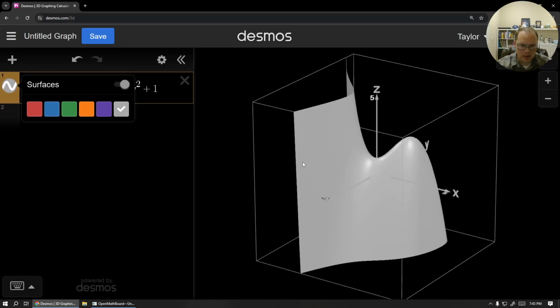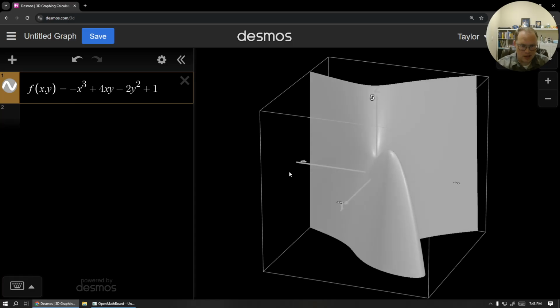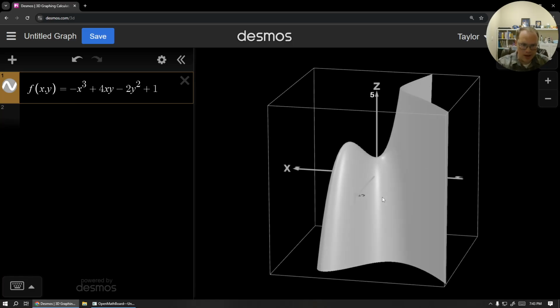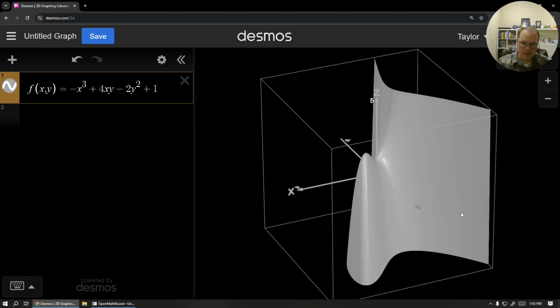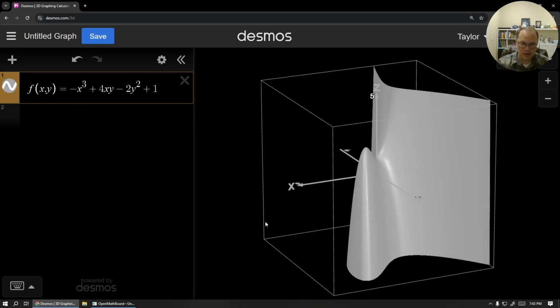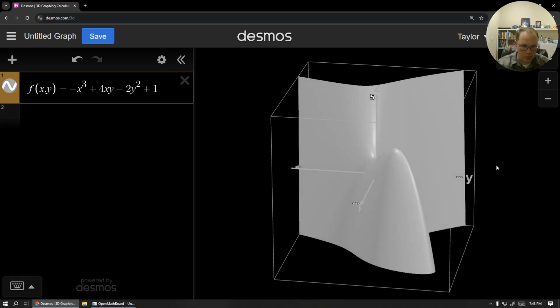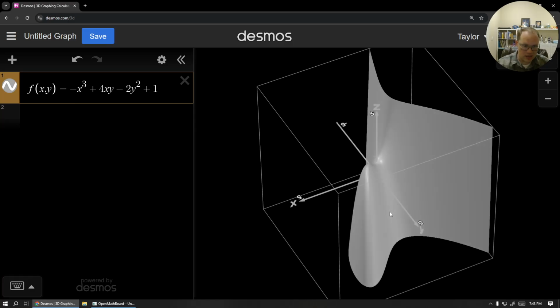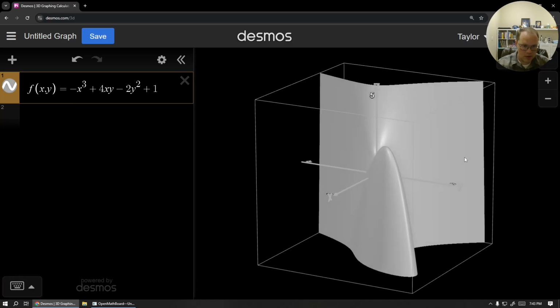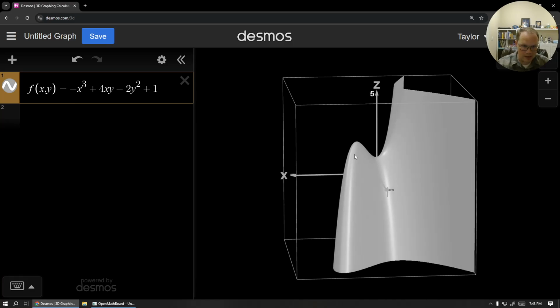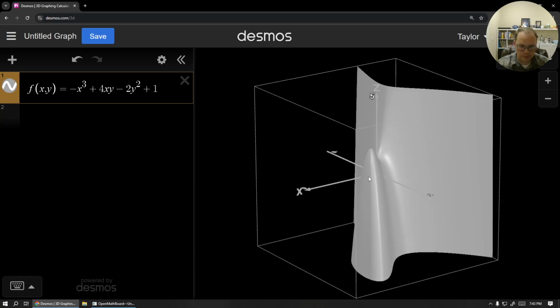Let's see what we got so far. Right away, it looks like we have the correct idea, doesn't it? You can see there's a saddle point right there. It looks like it's at x, y equals 0, 0. And then we do have a local maximum on the top of this hill here.